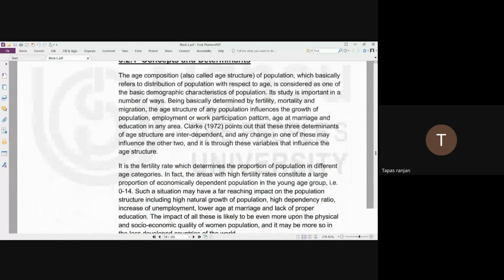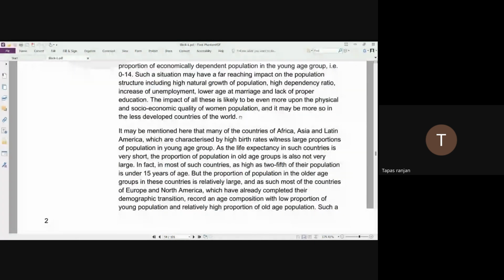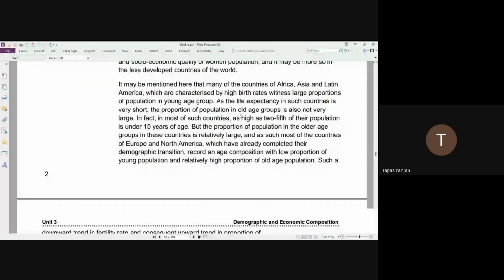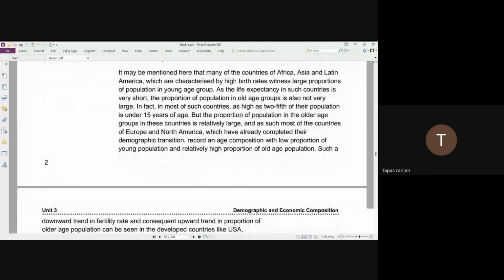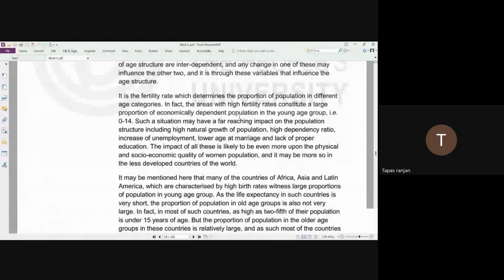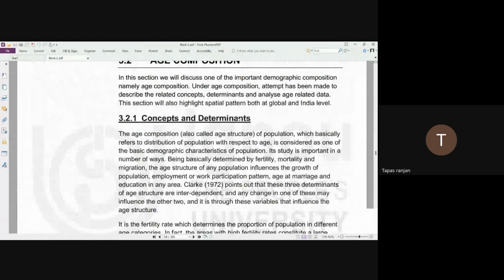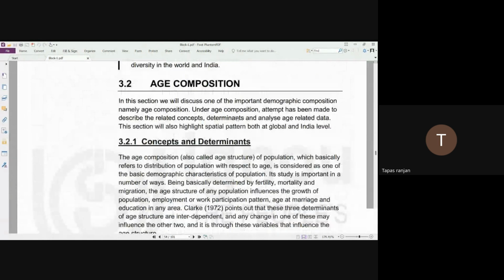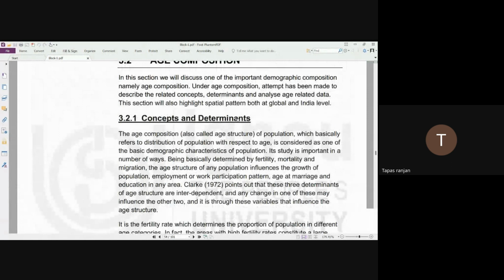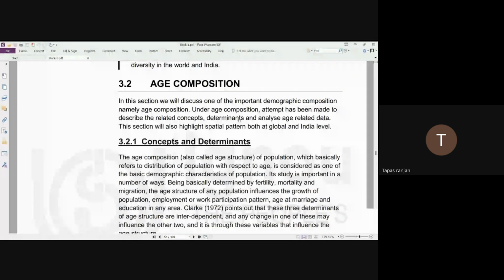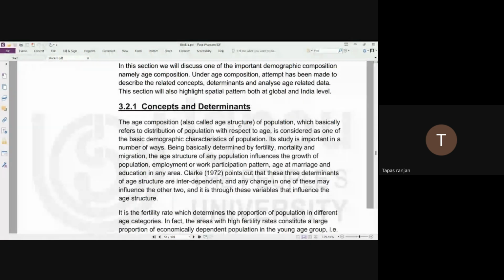So what are the different categories of people? You might have already studied young population, then youth population, then old population. These are different categories through which we have divided the population.